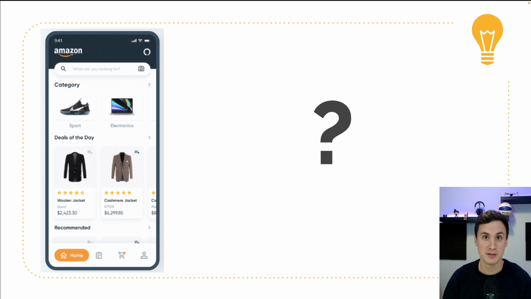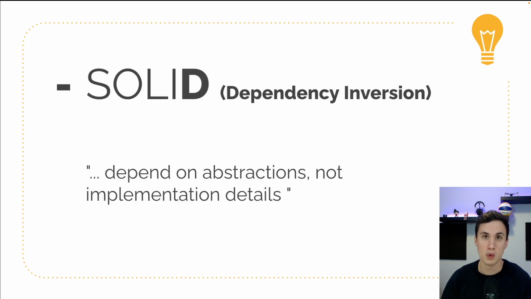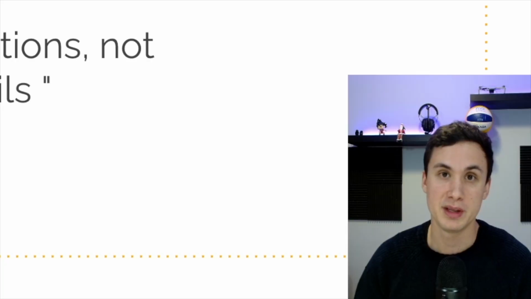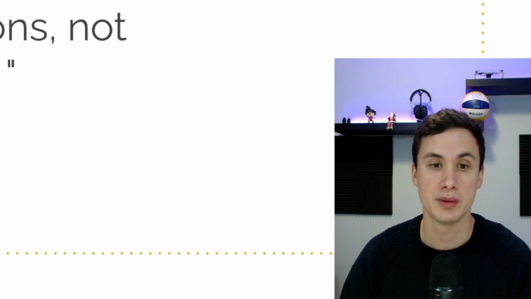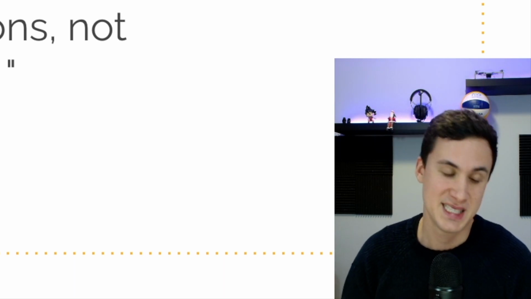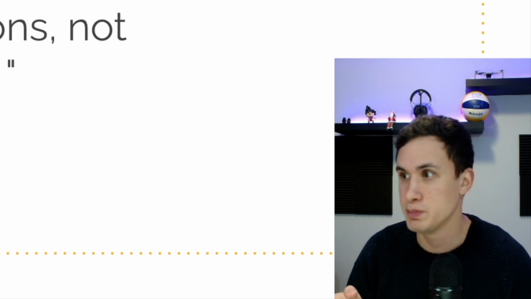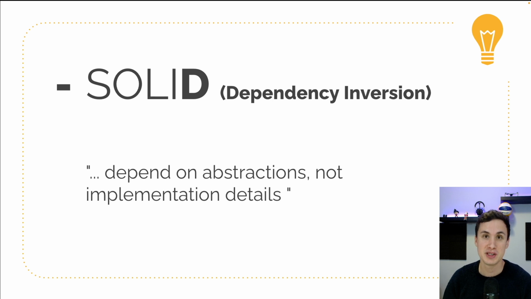But there are some things that you can do to reduce the amount of time and effort when changing those things. One of those things is the SOLID principles, more specifically the dependency inversion principle. The dependency inversion principle states that you should rely on abstractions, not implementation details.